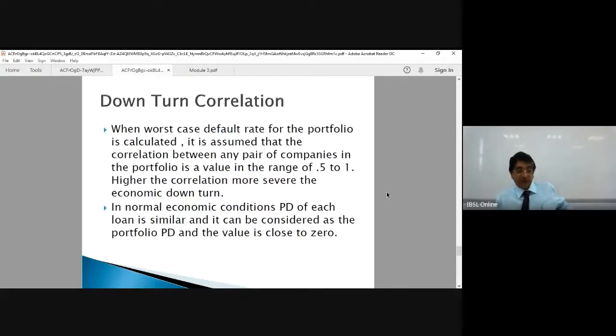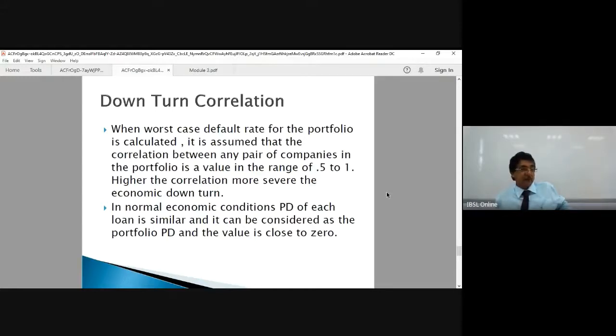In normal economic conditions, the PD of each loan is similar, and it can be considered as the portfolio PD, and the value is close to 0. In a normal economic situation, the PD is very small, but the PD is similar for a portfolio. Now, there are reasons for that.